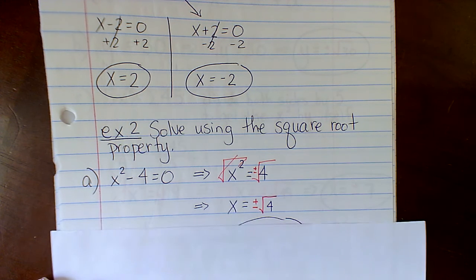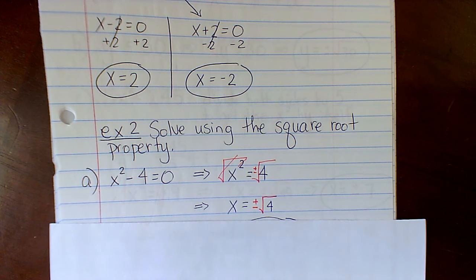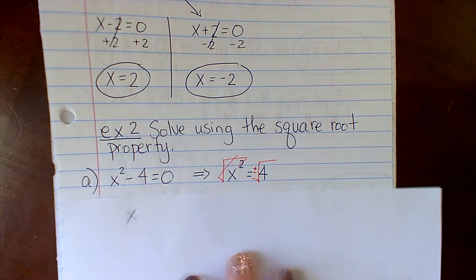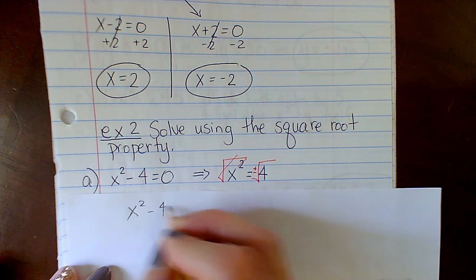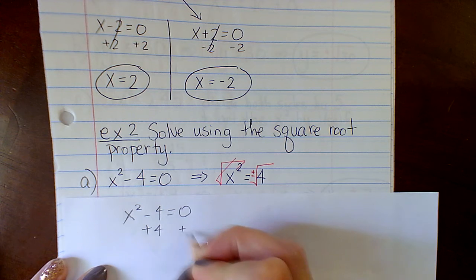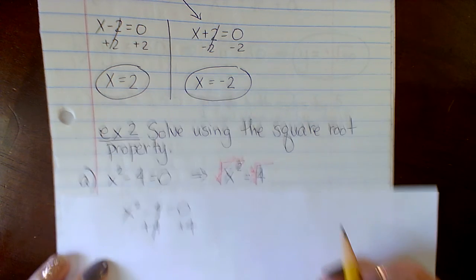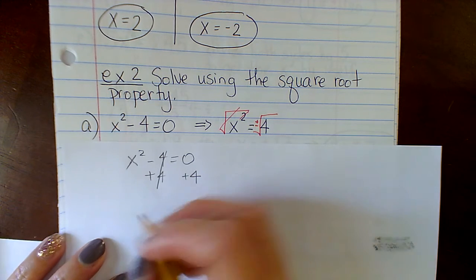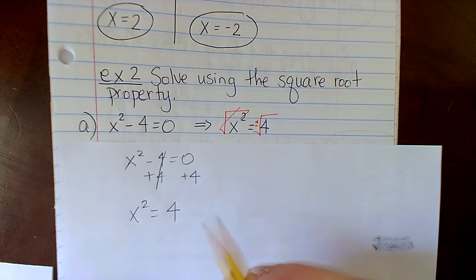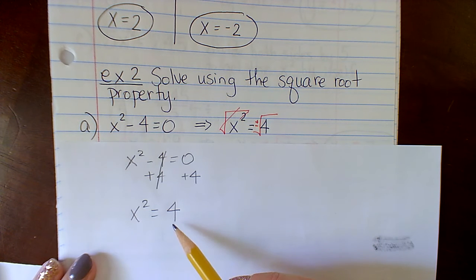So with this one, I took x squared minus 4 equals 0, and I added 4 to both sides. That gave me x squared equals 4. This will allow me to use the square root property.